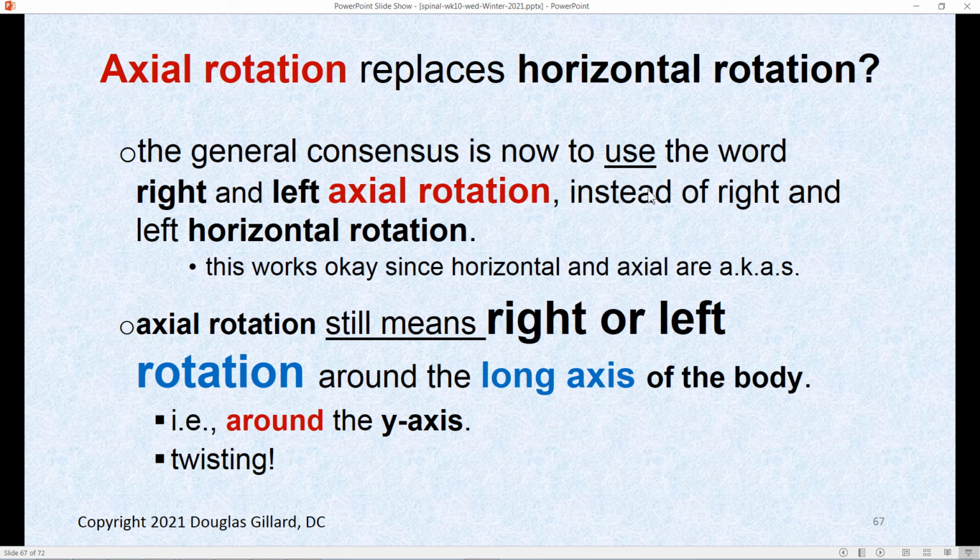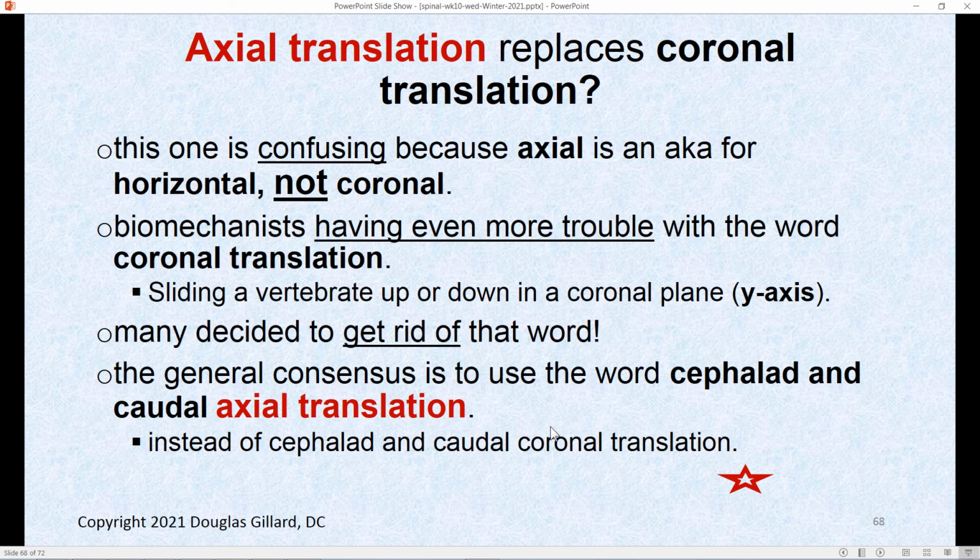General consensus is to use the words right and left axial rotation nowadays instead of right and left horizontal rotation. They're still AKAs, but most biomechanists will use the term axial rotation instead of horizontal rotation. Axial rotation still means right or left rotation along the long axis of the body. So that one's pretty simple, I think.